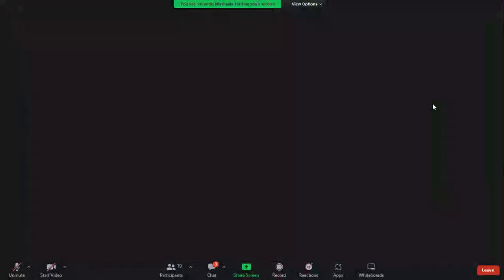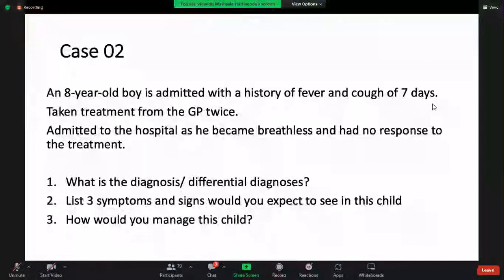Whether the child is in respiratory distress, madam, any nasal flaring, intercostal, subcostal recessions, and whether the child is tachypnoeic. Okay, so the respiratory distress with the usage of accessory muscles and increased respiratory rate. Okay, good. What else?